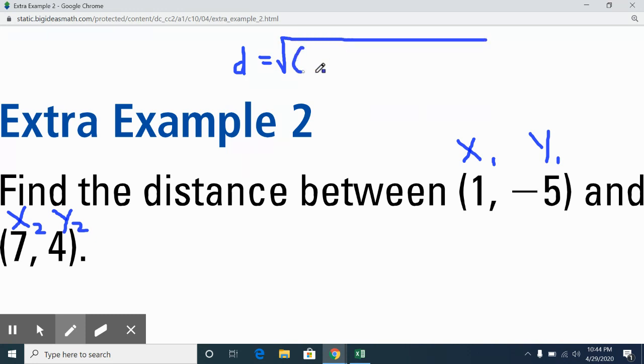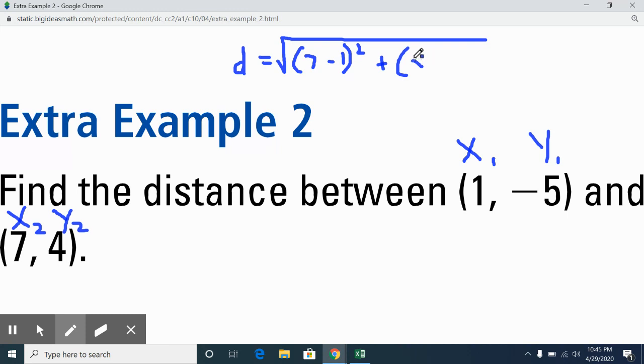So x2 minus x1 is the first portion: 7 minus 1, squared, plus y2 minus y1, so 4 minus -5.